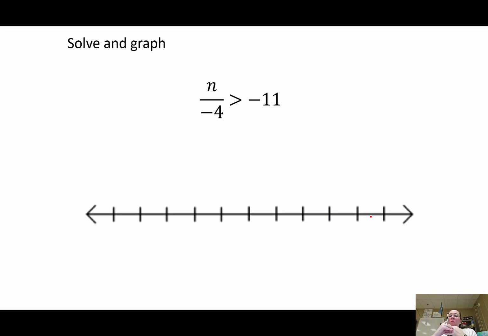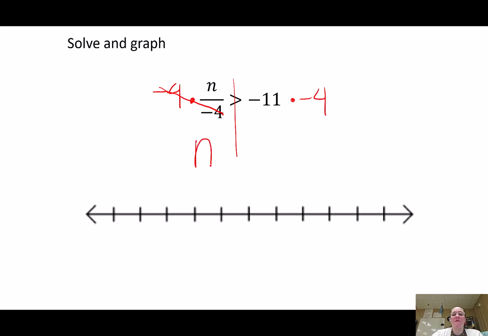All right, we'll look at one more. n over negative 4 is greater than negative 11. So we are multiplying by a negative number here. So I'm going to multiply by the negative 4 here, and I'm doing that to both sides.